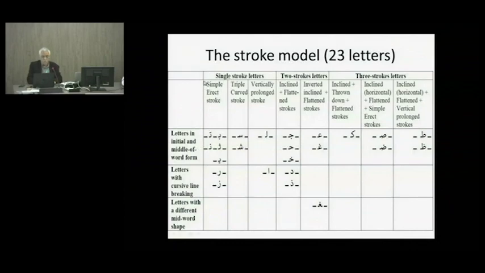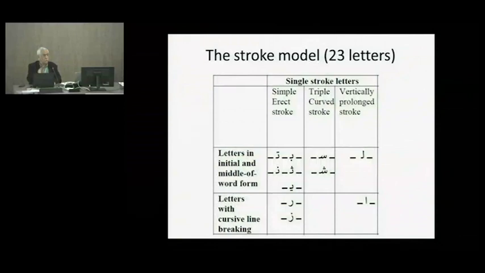You have, let us look, single stroke letters, two strokes letters, three strokes letters, and you present them in initial and middle word form, and letters with cursive line breaking. I will go to final forms in one of the next figures. The single stroke here would be a small stroke: b, t, th, nun, y.